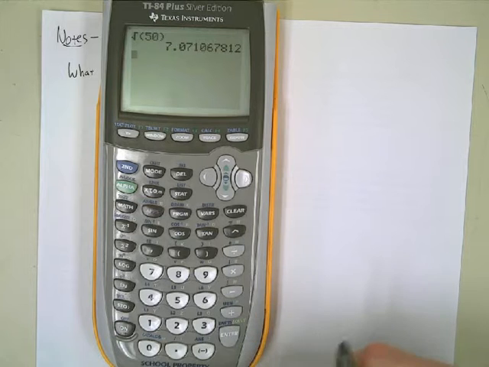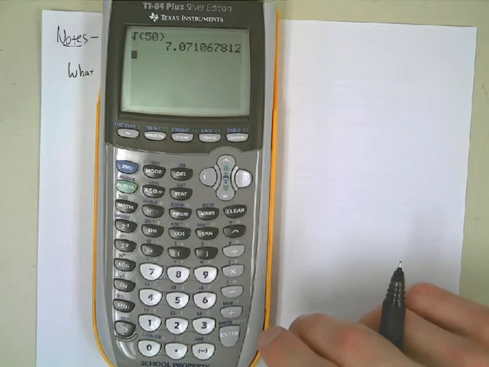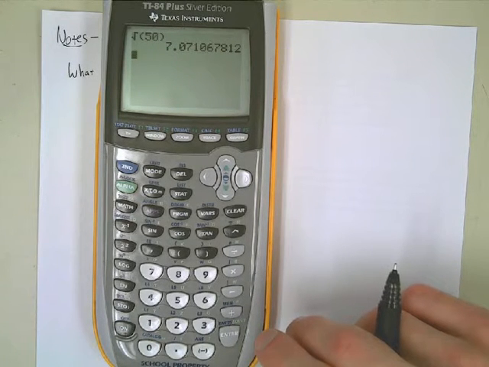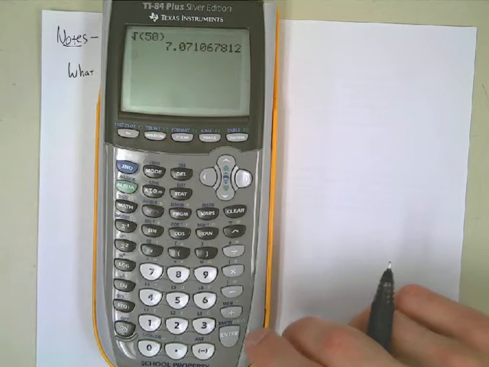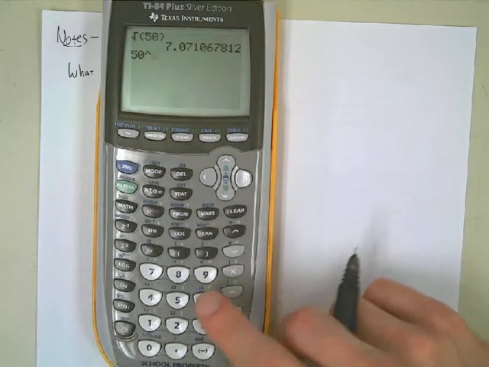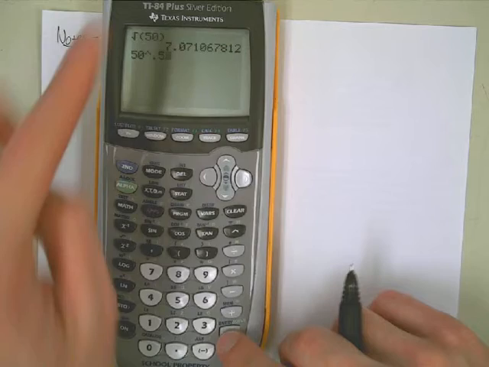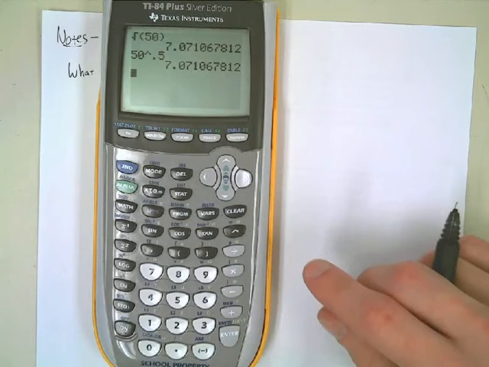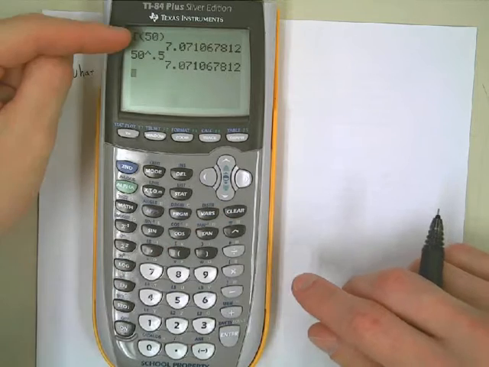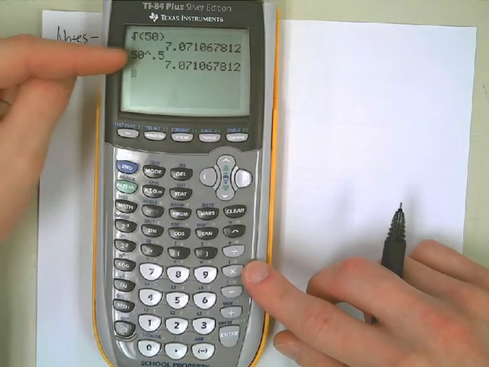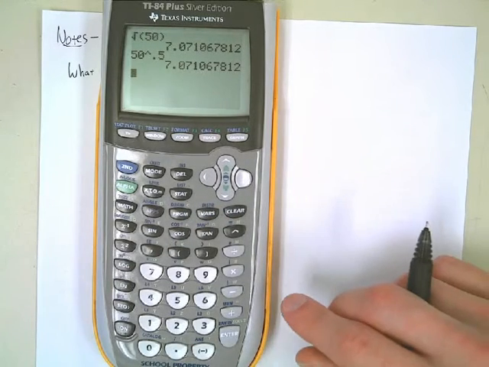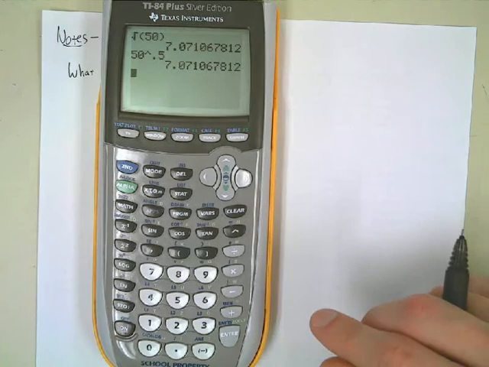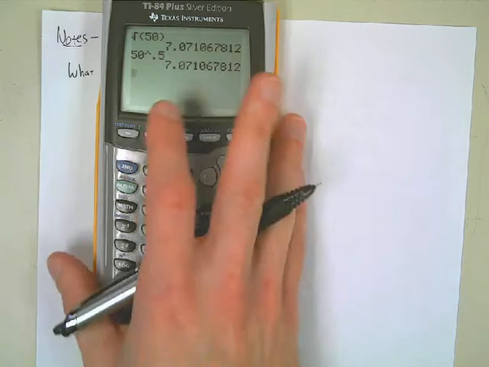We can do square root of 50, but it's also 50 to the... not to the 2. 50 to the 1/2 is the same thing as the square root of 50. 50 to the 2 is squaring 50, that's 50 times 50. Square root of 50 is the same as 50 to the 0.5, or 50 to the 1/2. Same idea, but you don't need to worry about that right now.